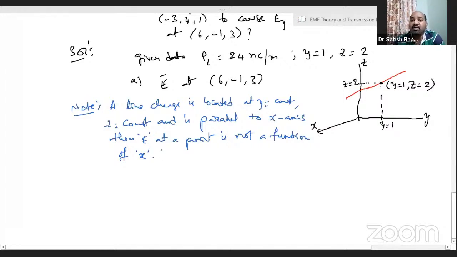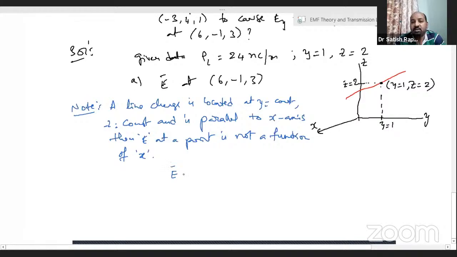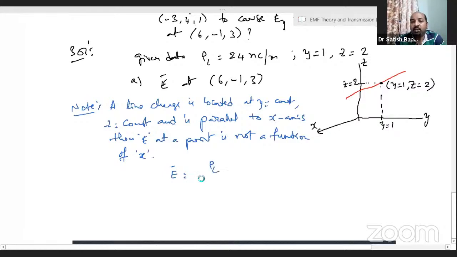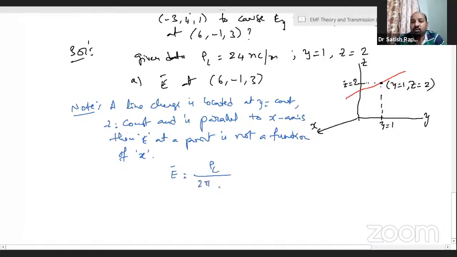Why is it not a function of x? Because I have discussed earlier that the electric field due to a line charge is perpendicular to the line. We know that the electric field due to a line charge is given by E bar is equal to rho L by 2 pi epsilon naught rho, A rho bar.